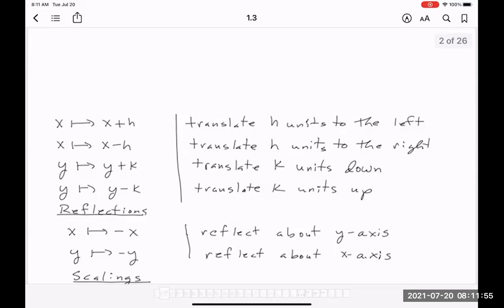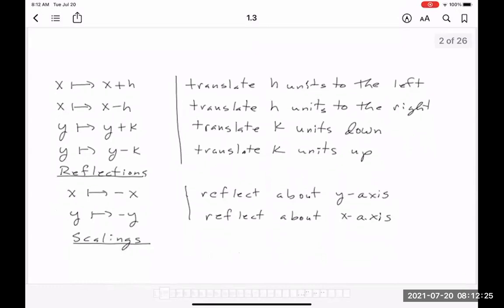The negative x direction is to my left. Therefore, I'll be translating this to the left.